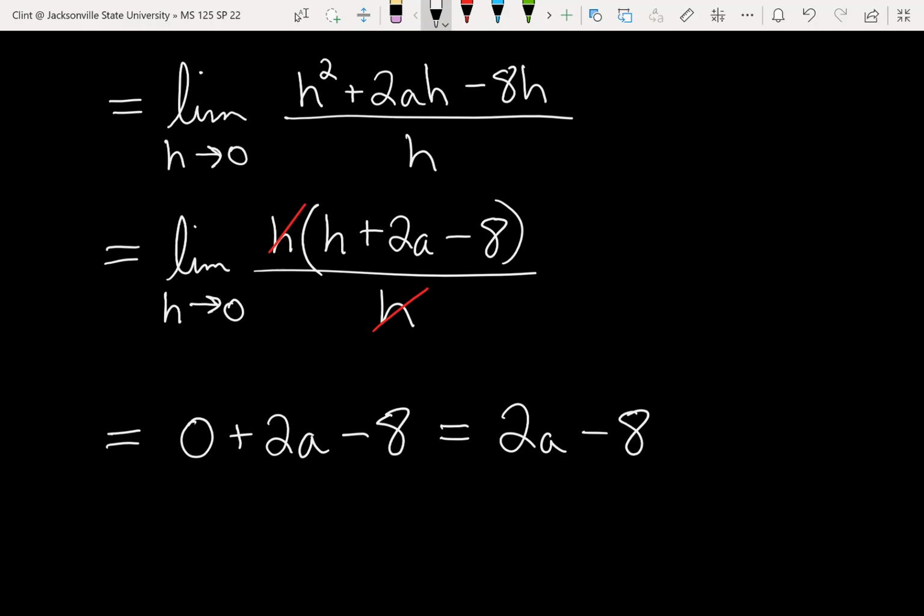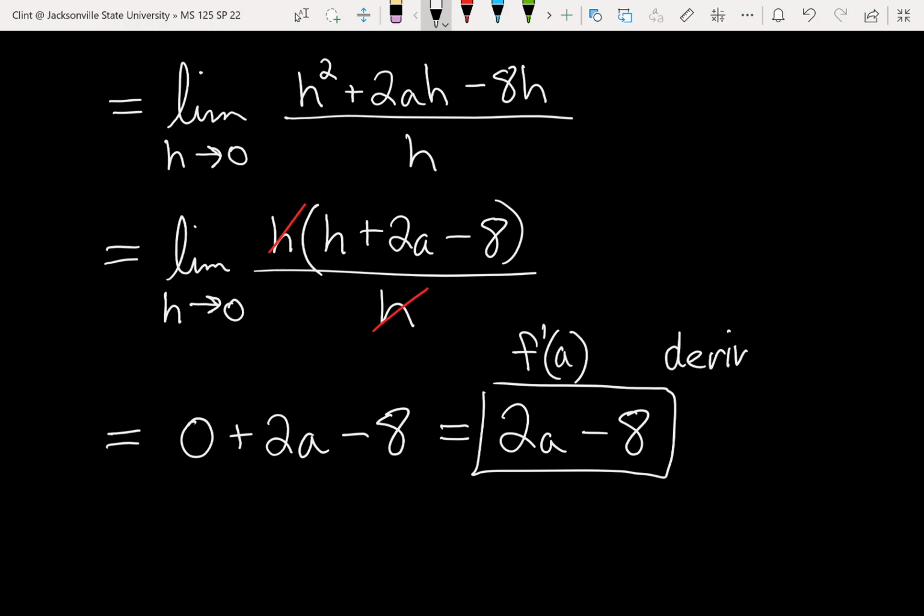So we would get a different limit depending on what a value we were using. That is our derivative. This is f prime at a, the derivative of f at x equals a.